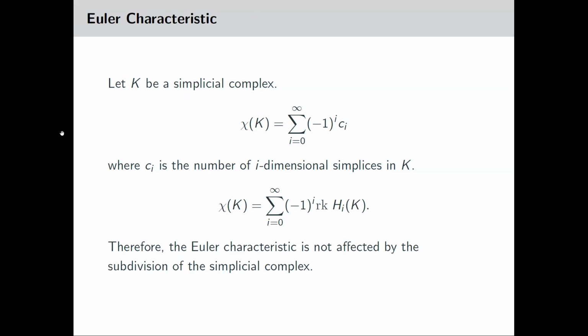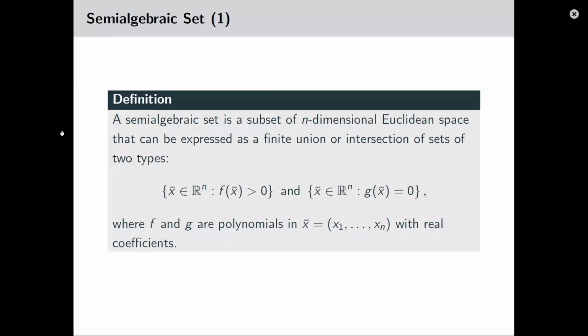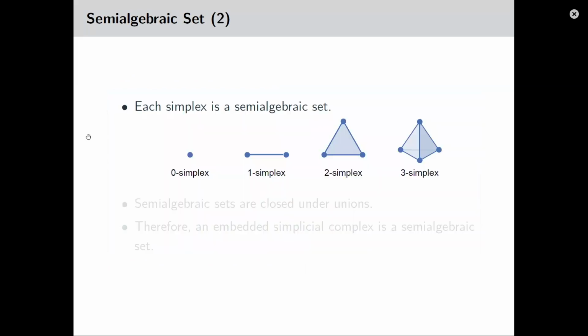But in fact, this Euler characteristic can be defined in a larger class, the class of semialgebraic sets. Here I have written the definition of a semialgebraic set: a set defined in Euclidean space by finite unions and finite intersections of sets induced from inequalities and zero sets of polynomials. It may look complicated, but a typical example of such a semialgebraic set is an embedded simplicial complex.